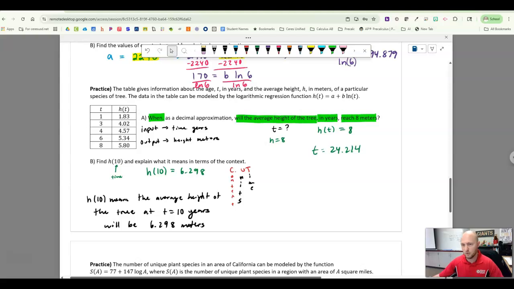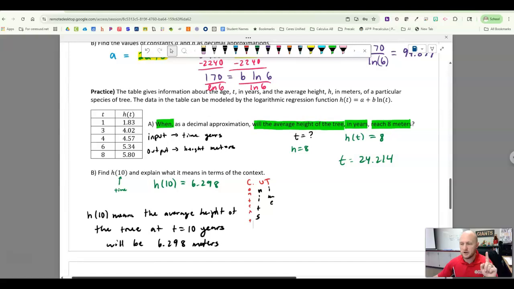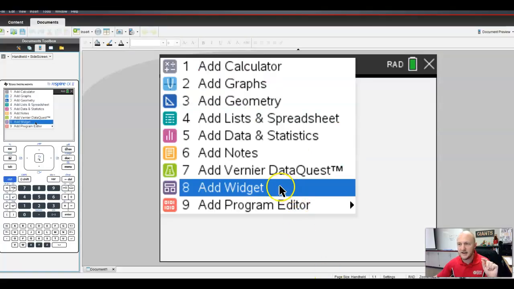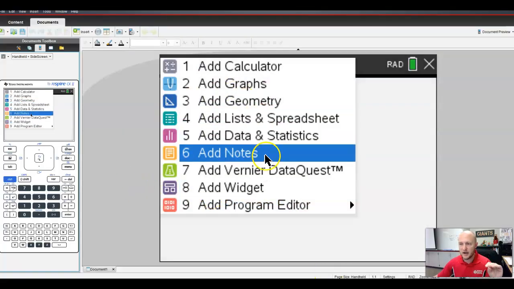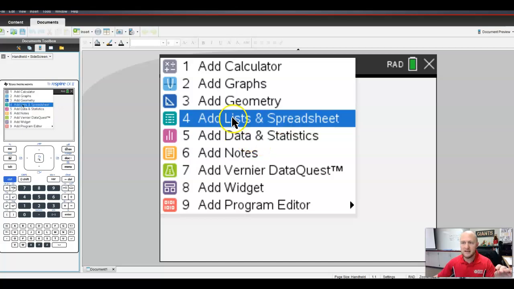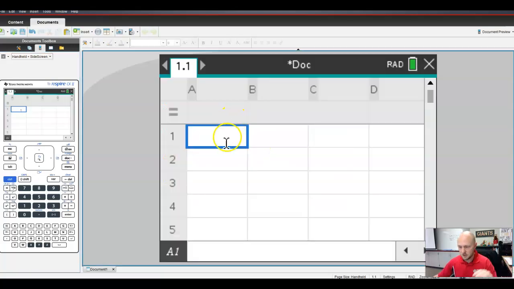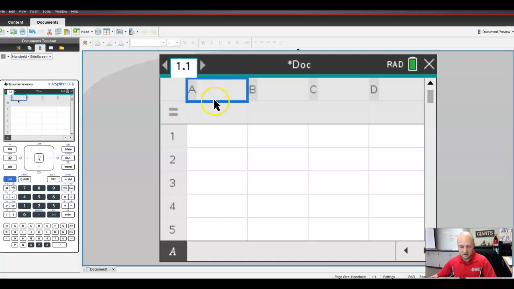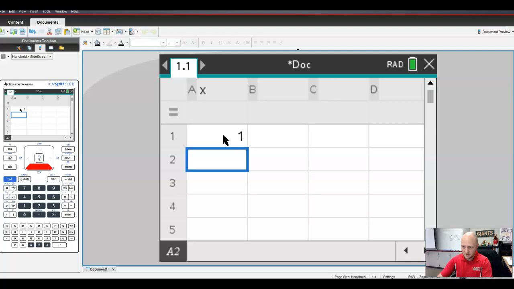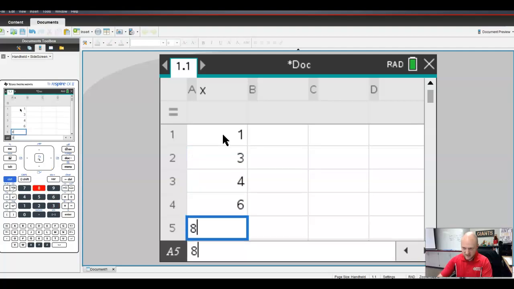Pretty straightforward. If you wanted to know how you do a logarithmic regression in a TI Inspire, here's my TI Inspire. You have to make a list first. So I have to label each column, and then I'm going to enter that same exact data: 1, 3, 4, 6, 8.